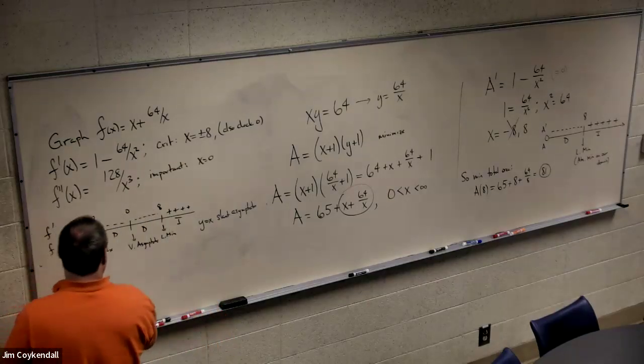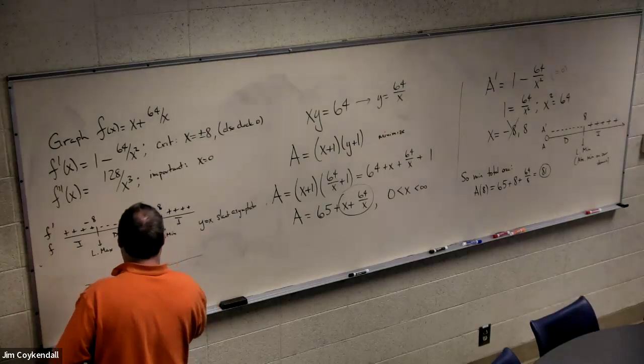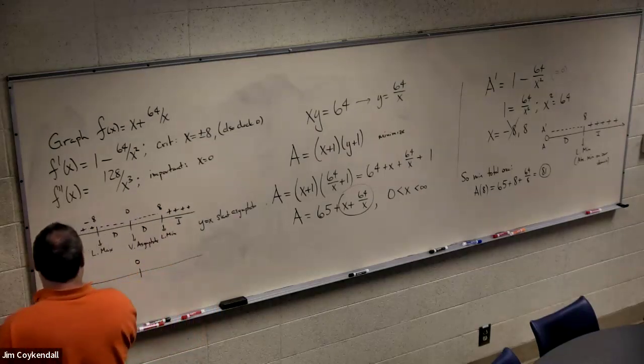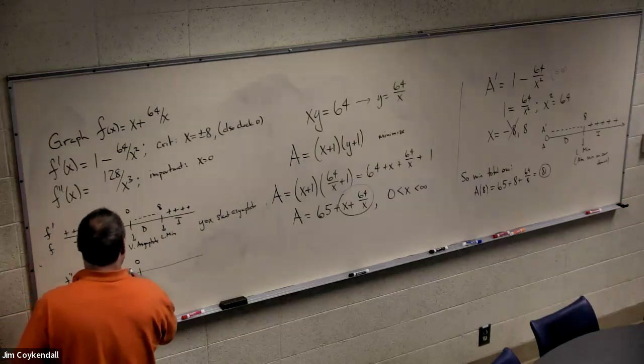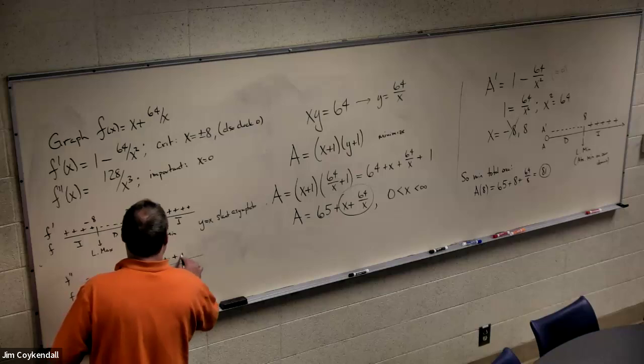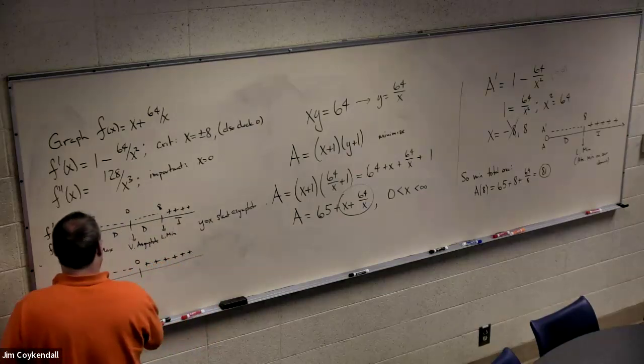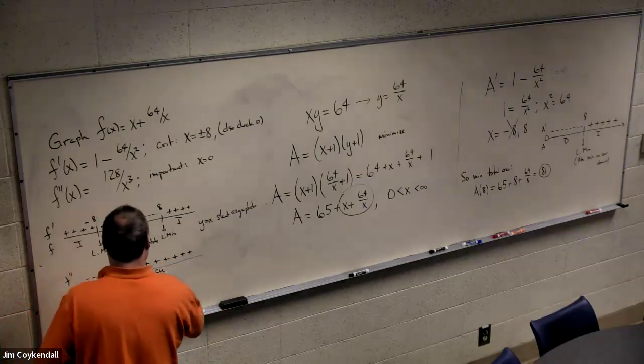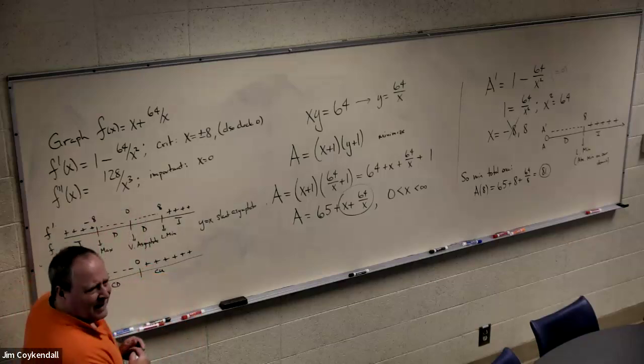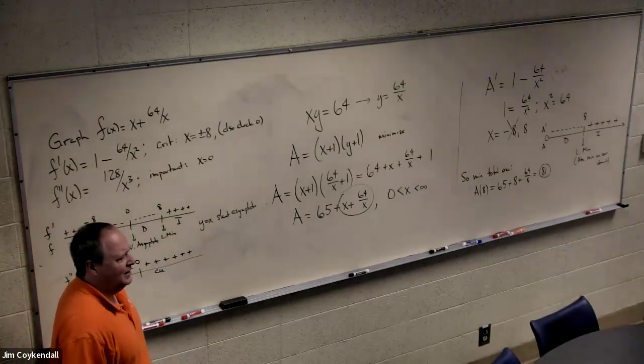Let's look at the second derivative. We have one important number before, that's zero. And it looks like negative, positive. So concave down, concave up.